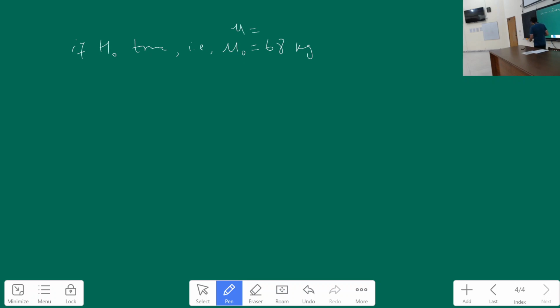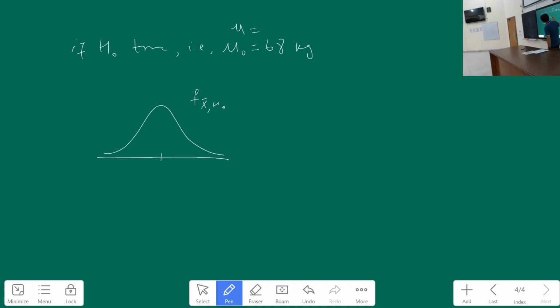From our understanding of probability theory and the topics we covered already, we know that if H naught is true, then x bar has a Gaussian distribution under H naught. What is its distribution? It is Gaussian. Even if H naught is true, its distribution is still Gaussian.